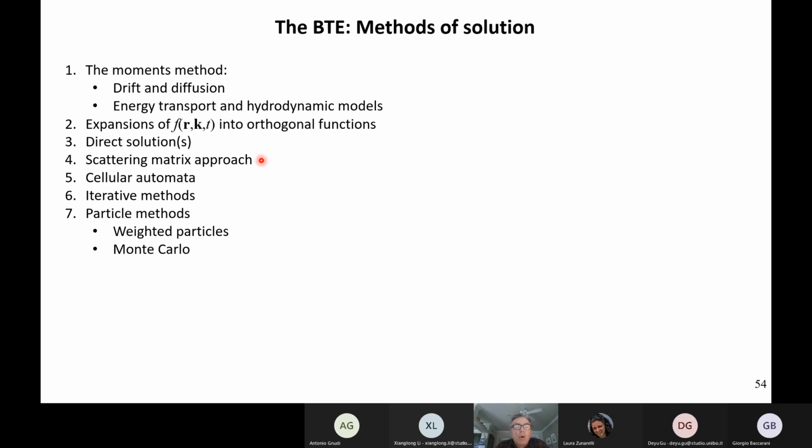I could say its core idea became the source of the famous virtual source model that Mark Lundstrom proposed. Don't get me started on this, but it essentially evolved into an intuitive, simplified way to deal with transport that has some merits, and also some drawbacks.